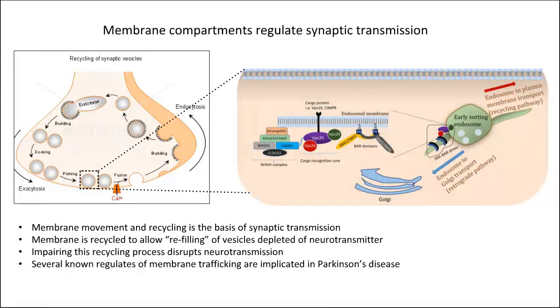Okay, everyone. So we're going to switch from genetics and start talking about the biology and the functional readout that we try to investigate from changes in DNA. On your left-hand side, we have a simplified cartoon of the terminal of a neuron, and the basics of neurotransmission is really the recycling of membrane.